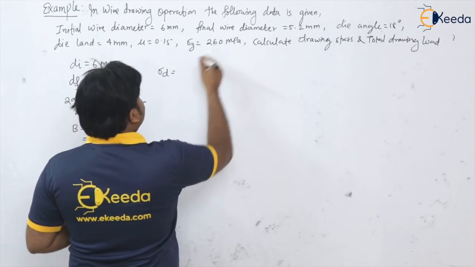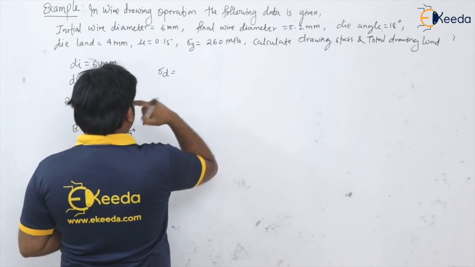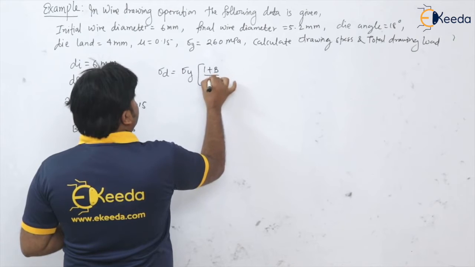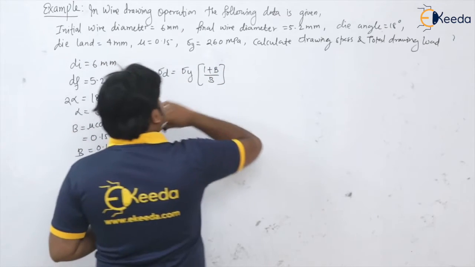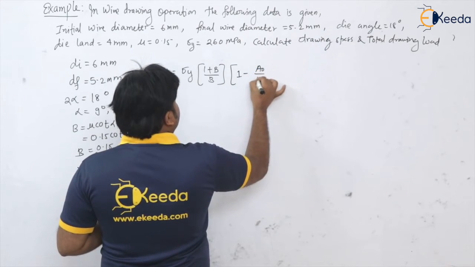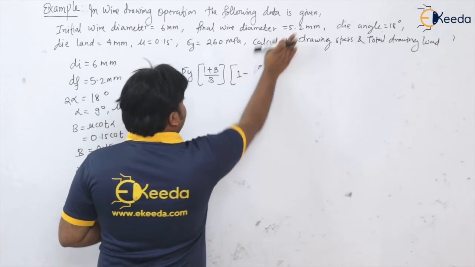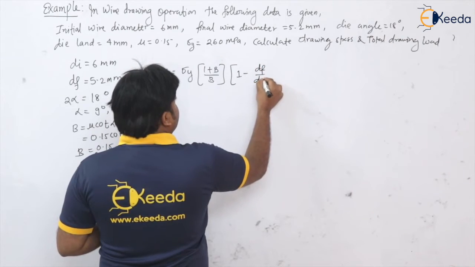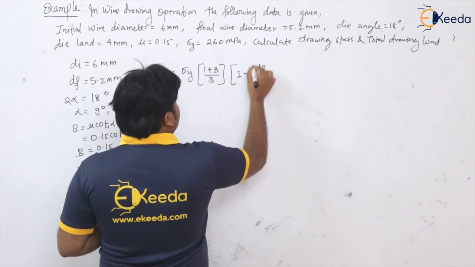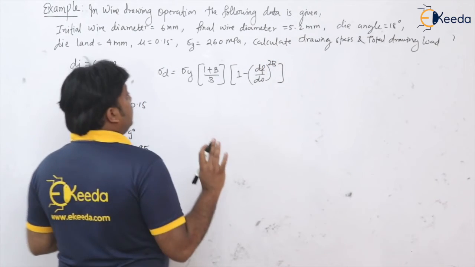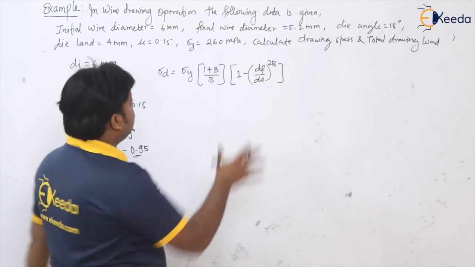We know that for friction and redundant work, sigma D is equal to sigma Y into (1 plus B) divided by B, into the bracket 1 minus A original by A final, or you can write it as D final divided by D original to the power 2B. No back pull is given, so this formula is enough.